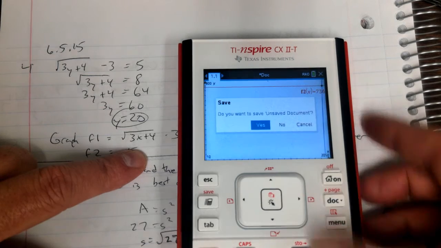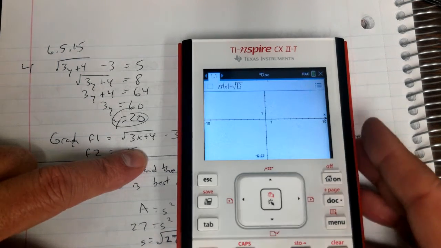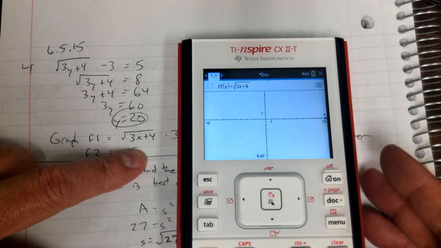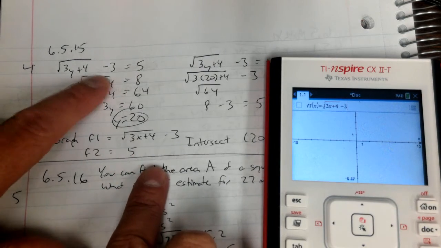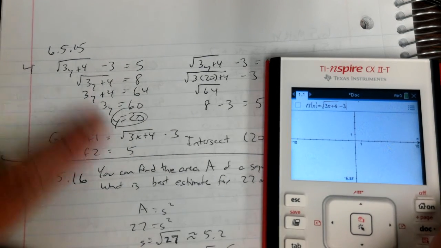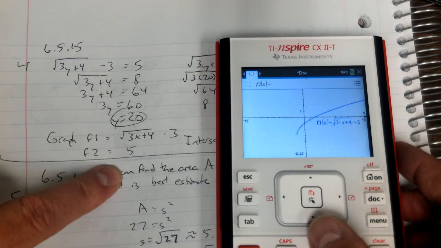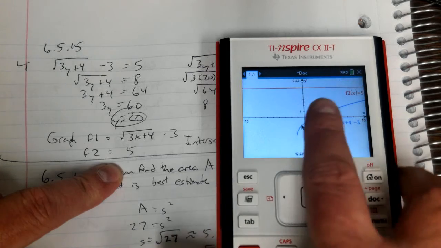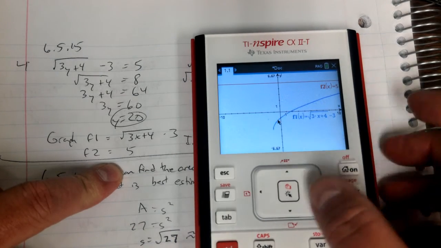So graph the square root of 3x plus 4 minus 3. That's my function 1 because it's my left side. And then I want to do down arrow, and then I do my right side as F2. So then you can see the 5 line and you can see the square root function.